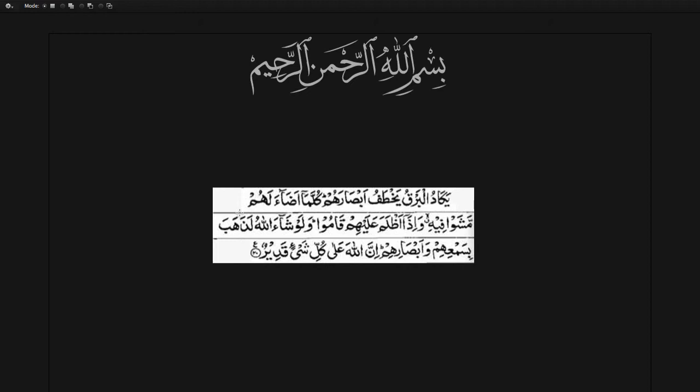And also it depends on your tempo. If you're a fast reader and this is your tempo count, and you were to read this as kullama ada'a lahum, you cannot judge another person's haraka based on your speed. So if he's reciting slowly, you cannot count him based on your haraka.